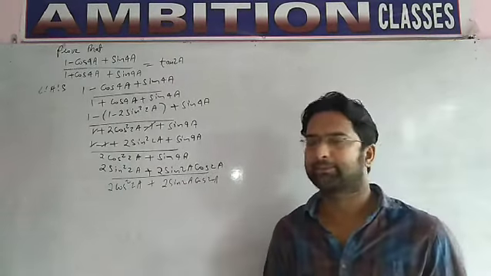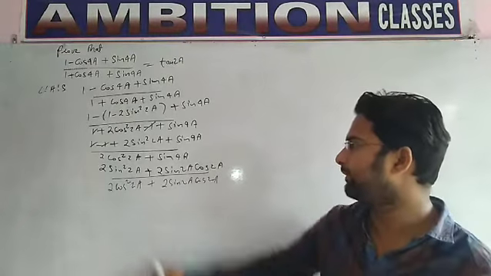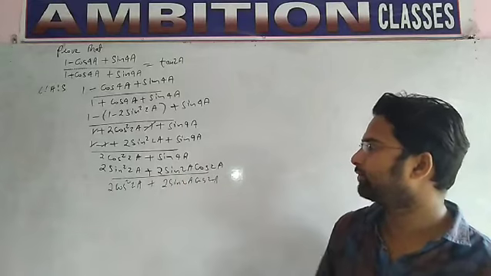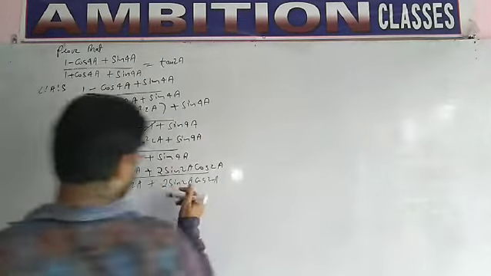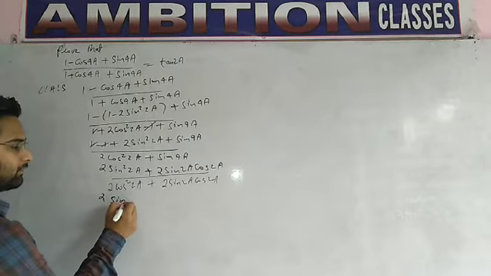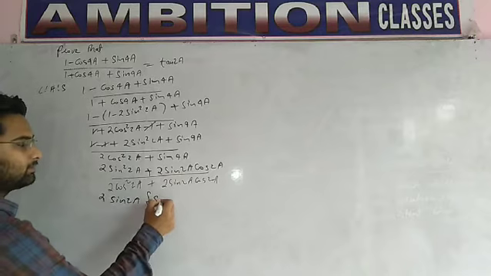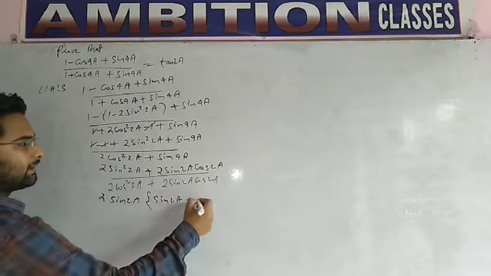Now let's take some terms as common. In numerator we see the common term is 2 sin 2a, so here it will be sin 2a plus cos 2a.